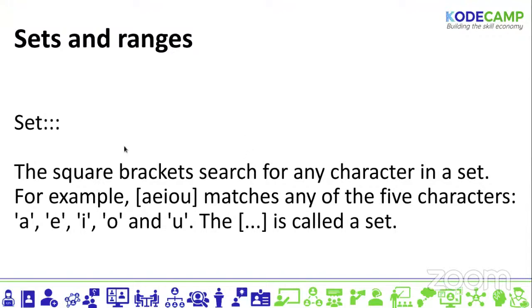The square brackets search for any character in a set. You use sets to search for particular characters. So let's say in between a word, I want to search where the character can be either A, E, I, O, or U.